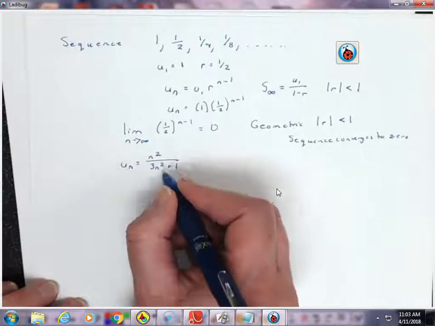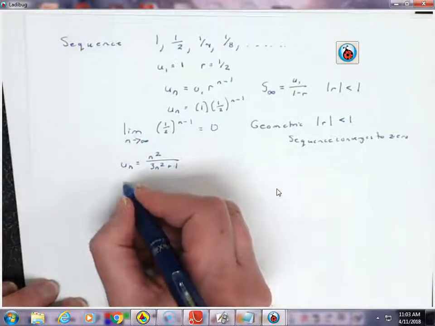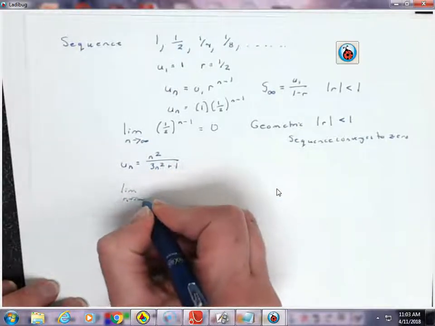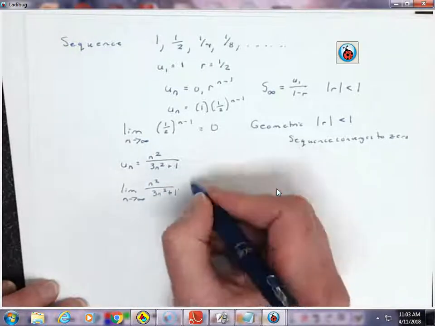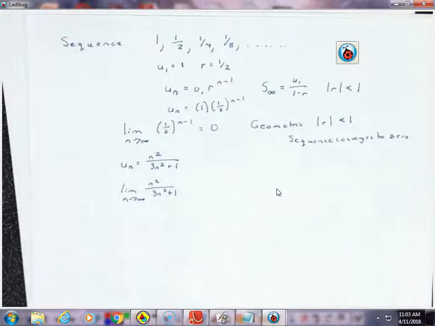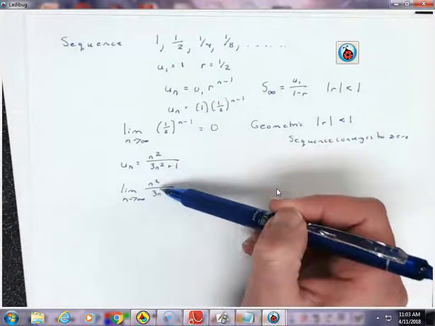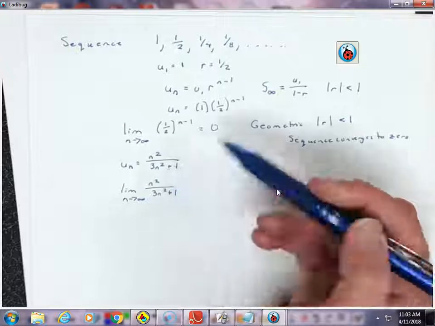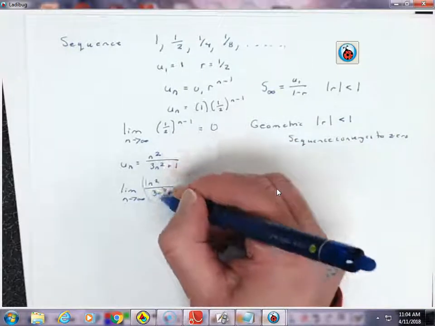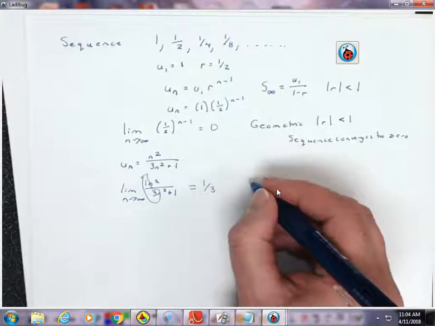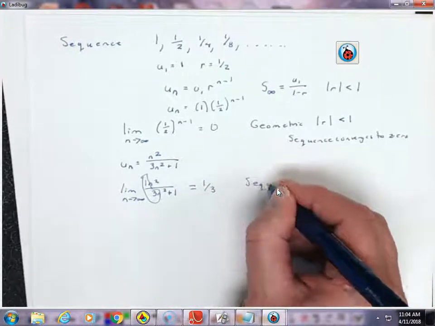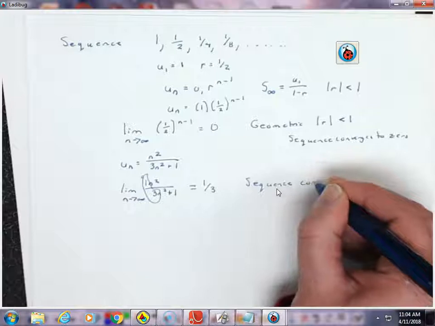You could substitute in 1, 2, 3 and get those values. But you're just taking the limit as n approaches infinity to see if that sequence is converging. If you'll remember your horizontal asymptote rules, the degrees match, so this is just going towards the ratio of the leading coefficients, or 1/3. So this sequence converges to 1/3.